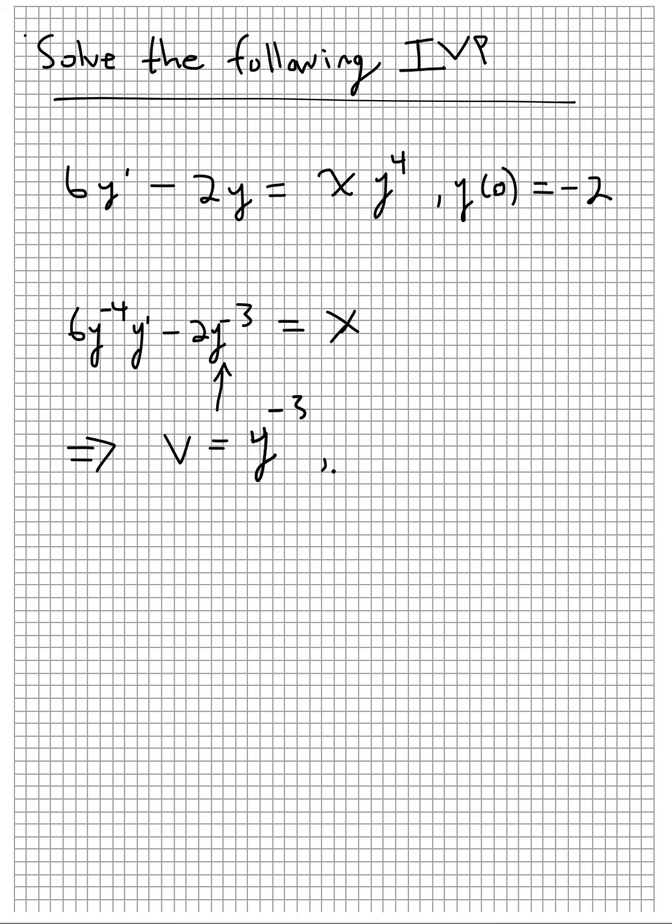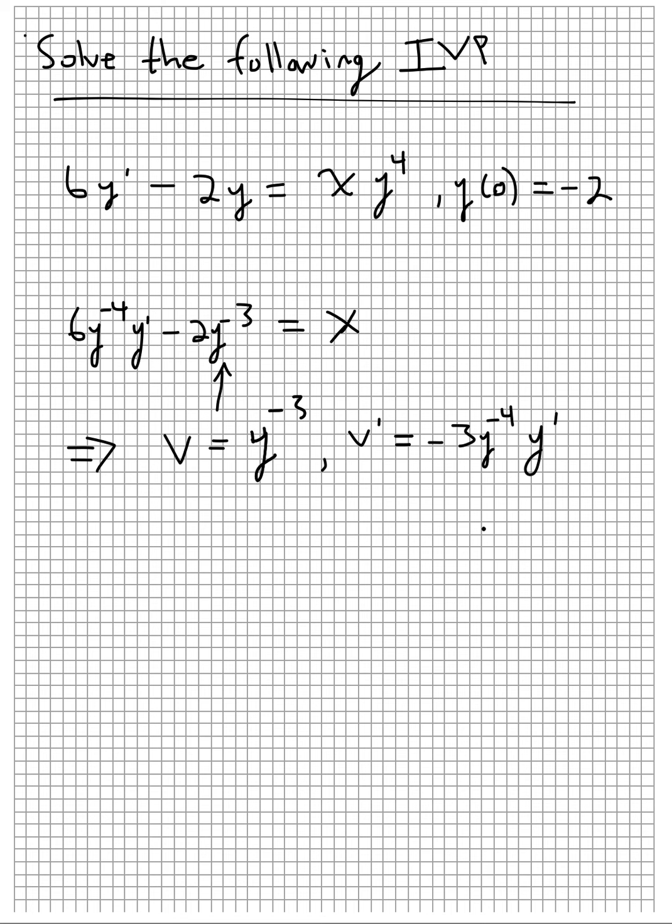And therefore v prime, the first derivative of this, and by the way, we use implicit differentiation when we do these types of substitutions, will be minus 3 times y to the minus fourth, and then implicit differentiation says we need a y prime there on the right-hand side.